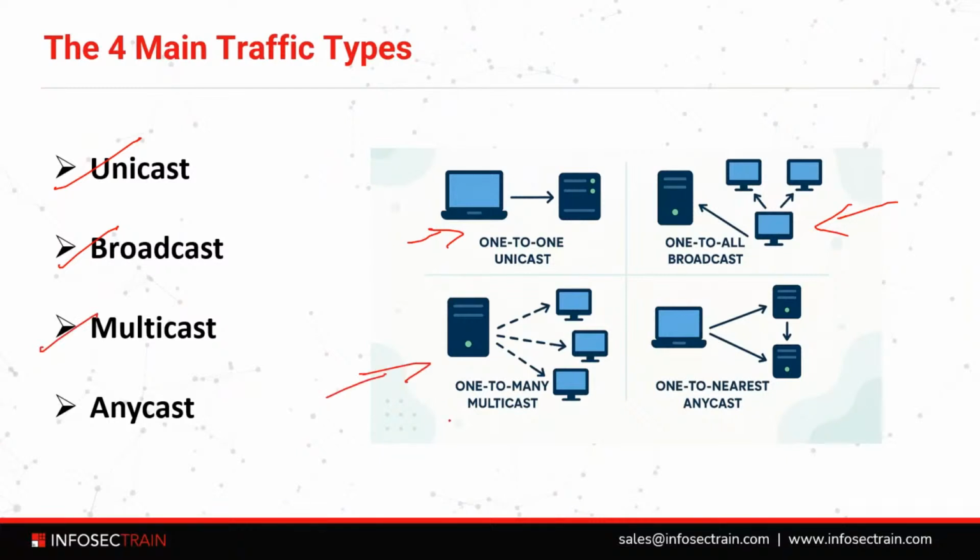Multicast means one to many, not one to all. Just think of it like your newspaper subscription. If you are subscribed to your newspaper vendor, every morning your newspaper vendor will give the newspaper to you. If your neighbor is not subscribed, then your neighbor will not get that newspaper every morning, right?